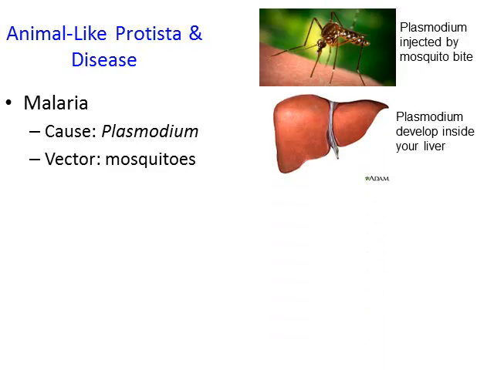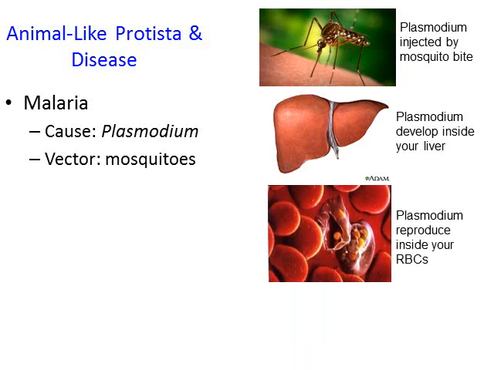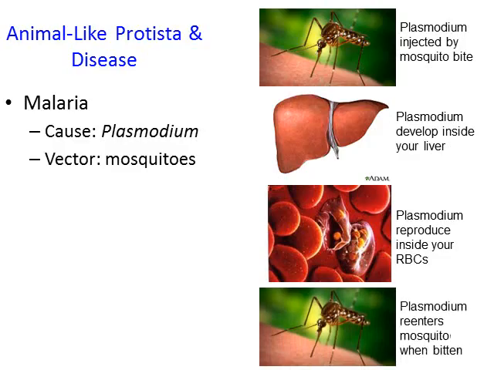The Plasmodium will then migrate into your liver, where it will develop and grow, lay some eggs. And eventually the Plasmodium will reproduce and spread and start to use your red blood cells to reproduce, and end up killing your red blood cells. Kind of similar to what a virus does. Remember how viruses cause cells to explode? That's kind of what you see happening in this picture.